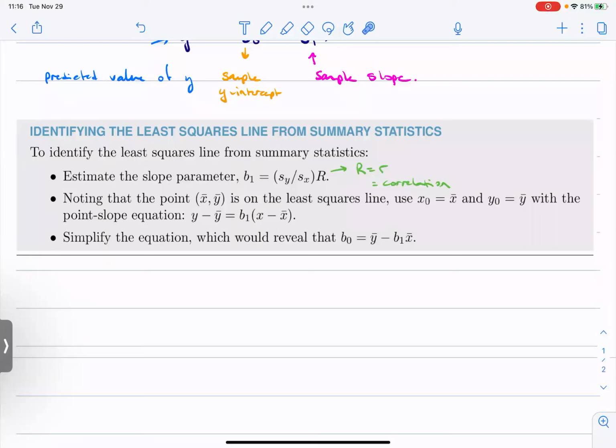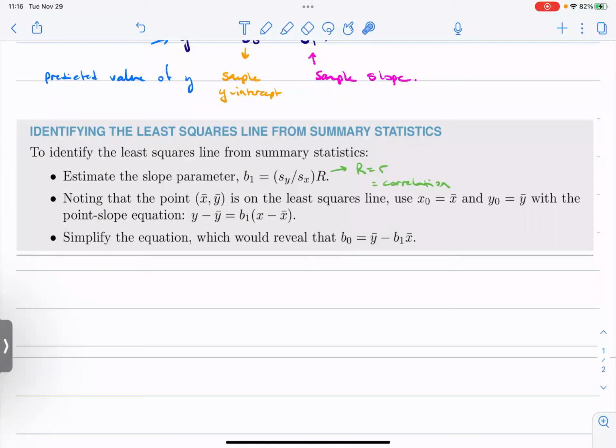We don't need to think about how we get to the next part for the intercept, but it is kind of fun to know that the point x bar, y bar is always going to be on the line, just because of how we find this line. X bar is the mean of x, y bar is the mean of y. So the averages coincide, and that point is always on the line.